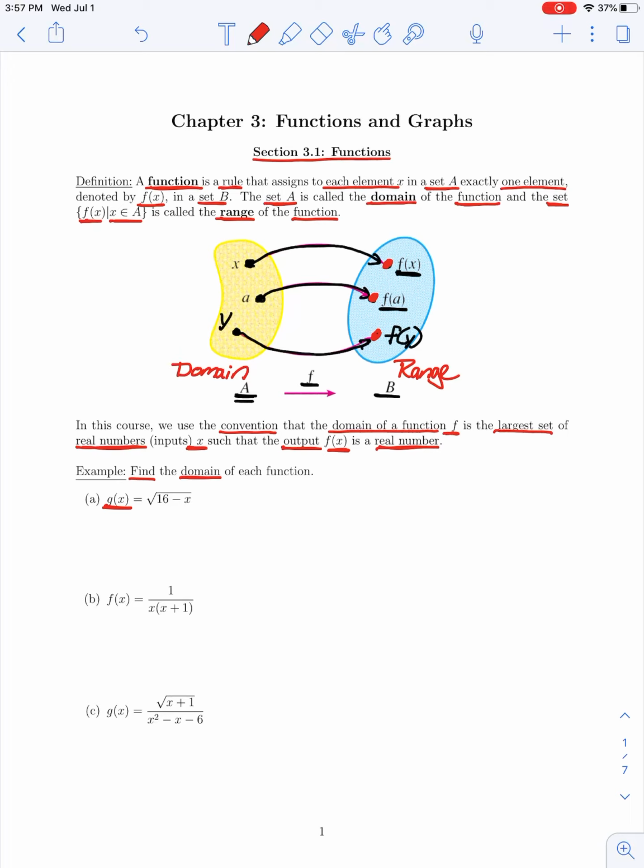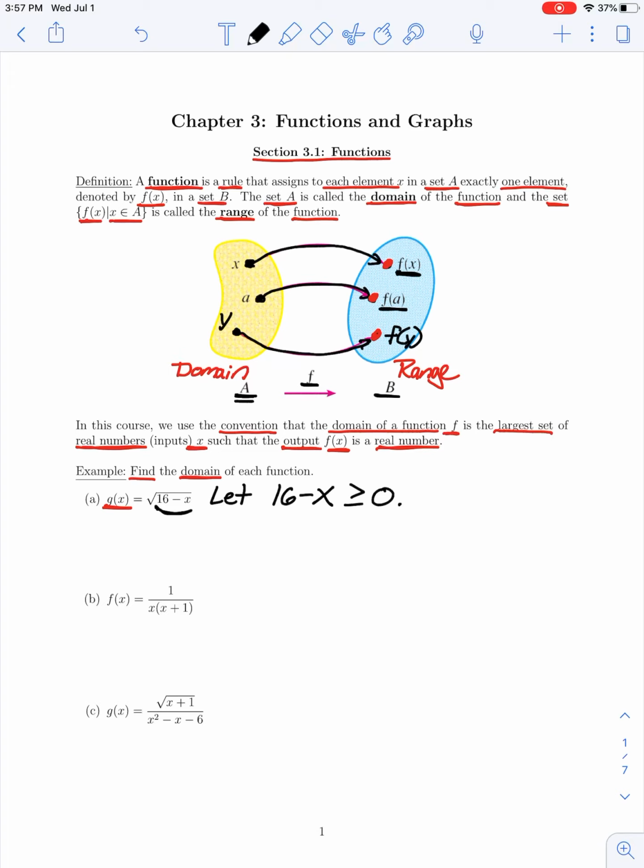That is, we cannot take the square root of a negative number, or else we're introducing imaginary or complex numbers. So in order for this function g of x to be defined as a real number, I need the expression that I'm taking the square root of, which was 16 minus x, and I need to make sure that it is non-negative, that is greater than or equal to 0.